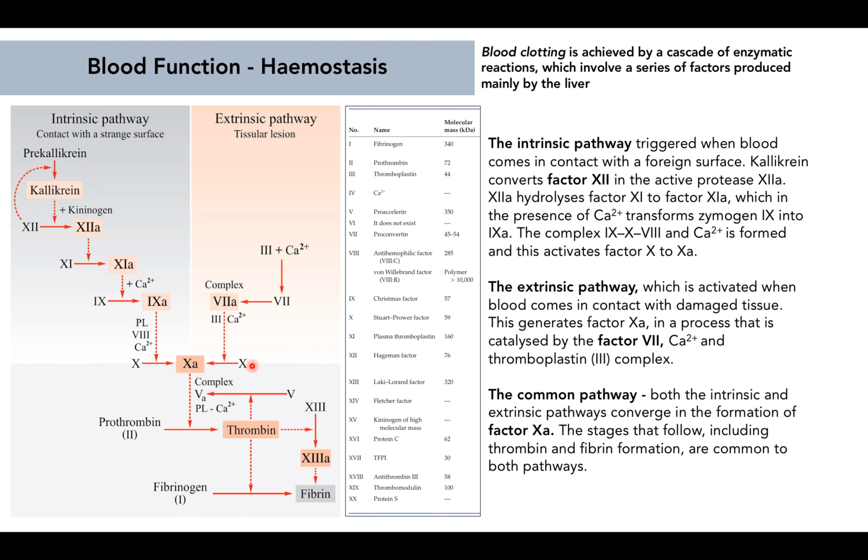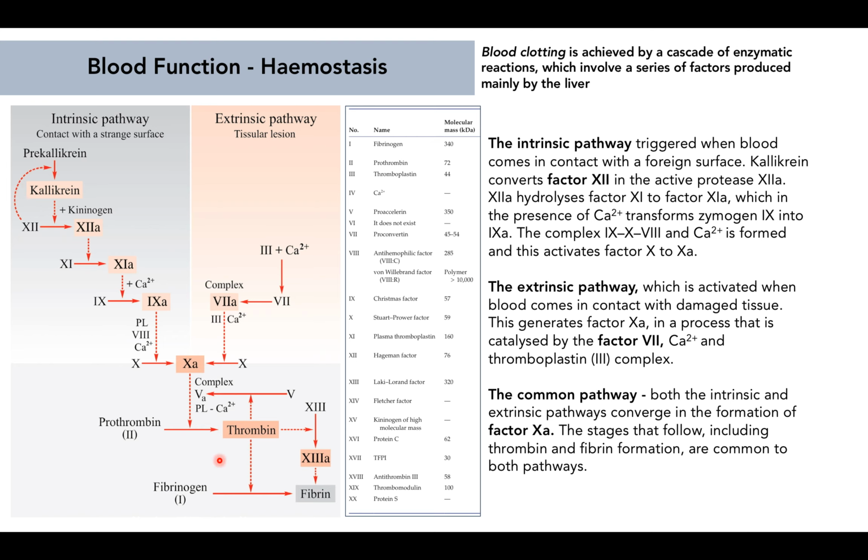Now, these factors, as indicated in numbers, are mostly produced by the liver, and it can be divided into two main pathways. Here we have the intrinsic pathway and the extrinsic pathway, and these will merge into what we call the common pathway. So intrinsic and extrinsic will merge into the common pathway.